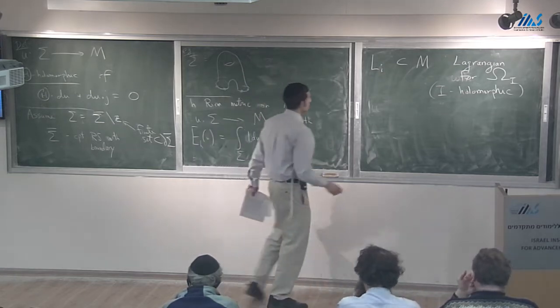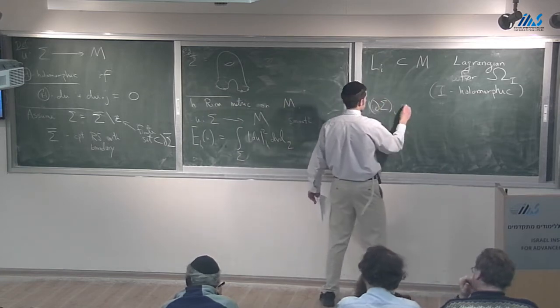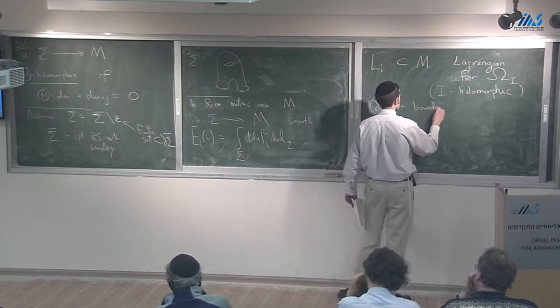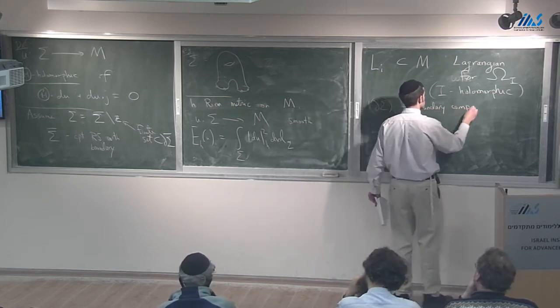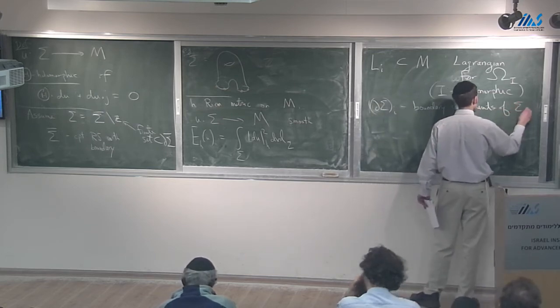Right, I'm going to number. So sigma_i are going to be just the boundary components of sigma.